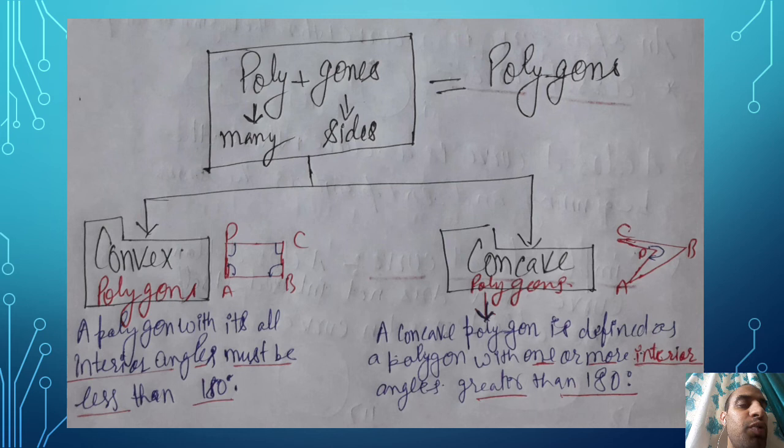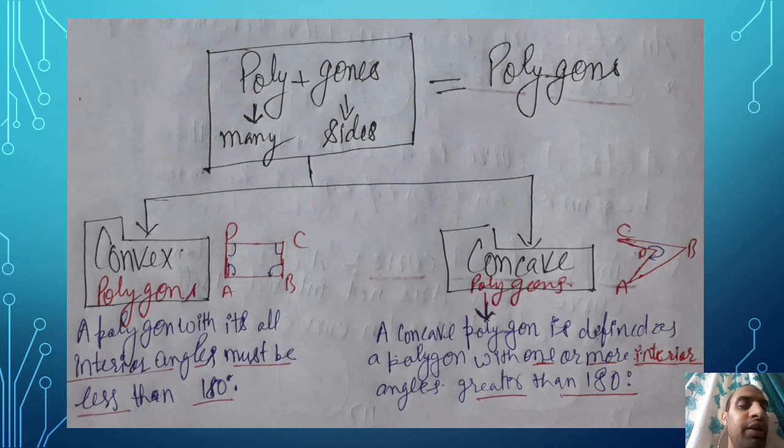Then let's move toward concave polygons. Concave polygons are polygons in which one or more interior angles are more than 180. For example, you can see I have drawn one figure with A, B, C, D as the points. At point D you can see the angle inside the figure is more than 180.